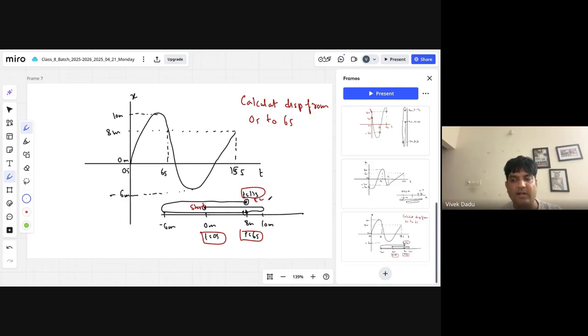How far apart are start point and end point? 8 meters apart, and we don't care how he has reached from start to end because we are measuring displacement. So what is the displacement? Now displacement also needs direction. What is the direction of end point when you compare to start point?